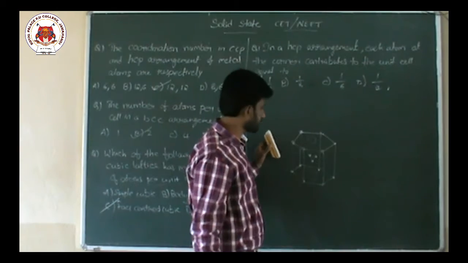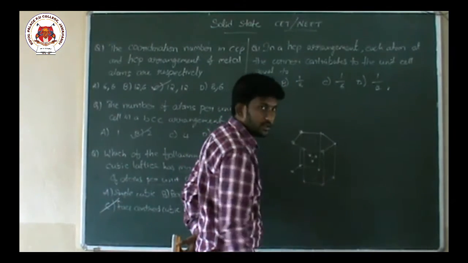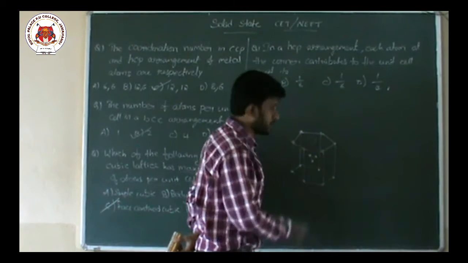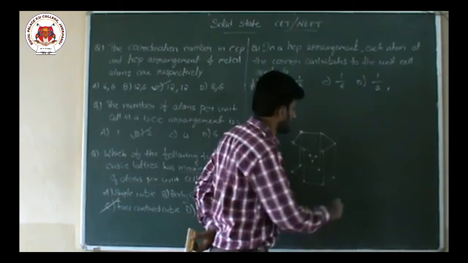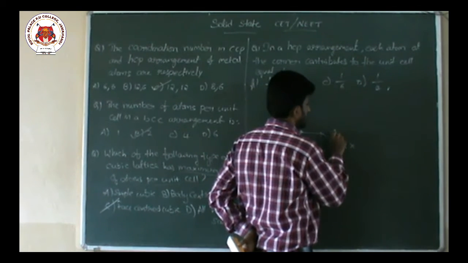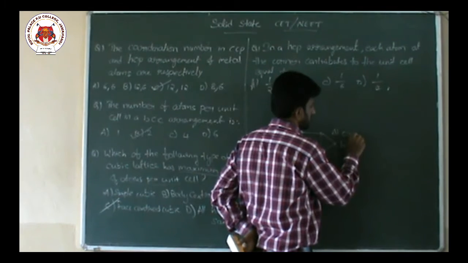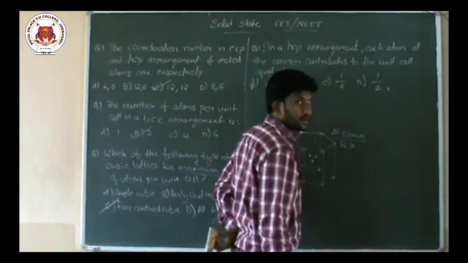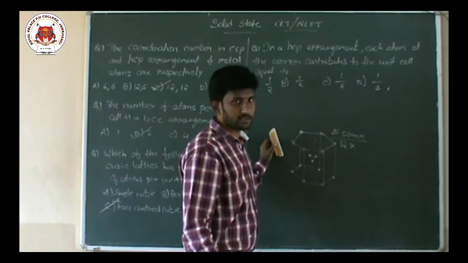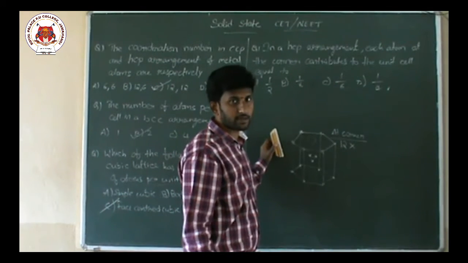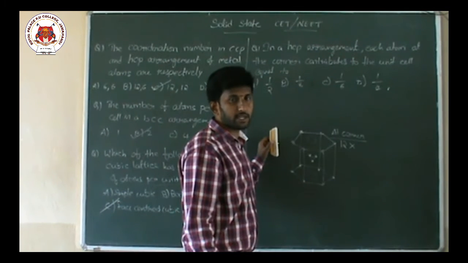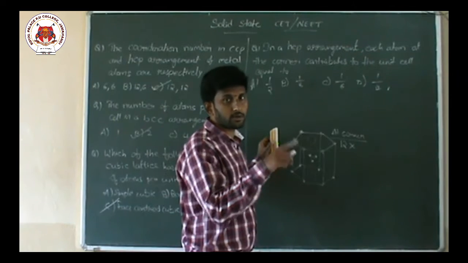Totally in this there are 1, 2, 3, 4, 5, 6. 6 corners above, 6 corners below. 12 corners are there, so at corner calculation we have 12 corners, that is 12 atoms, and each atom can be shared by 6 unit cells.